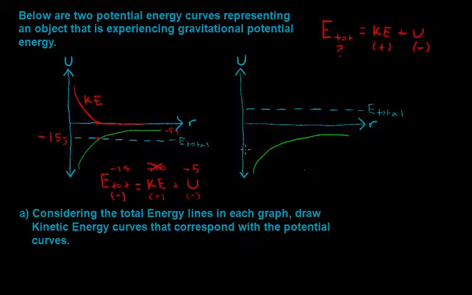So this one isn't as big of a problem as this graph over here, because if we have a total energy that is positive, equal to an always positive kinetic energy plus a negative potential energy, when we get to the point where potential energy is its greatest, or the least negative, then it still hasn't breached the total energy because our total energy is now above zero.